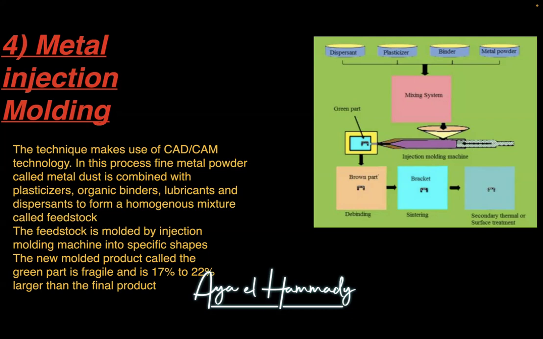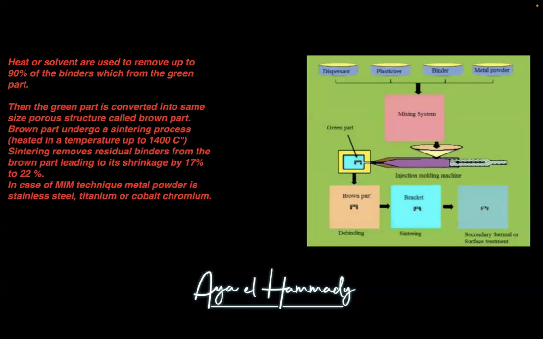I'm going to add a lot of lubricant, binder, plasticizers, to give me a good mix with this metal powder. Then I'm going to inject it in the molding machine, giving me the final shape by the end. But it's still the most expensive one.